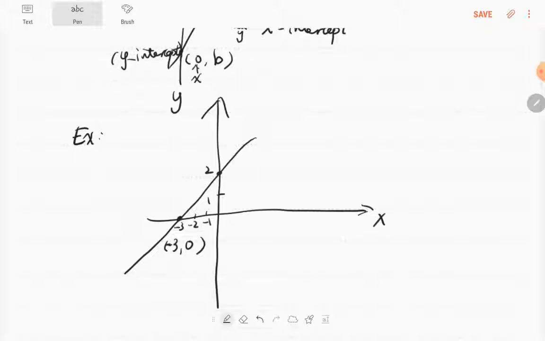This is called the x-intercept. If the point is on the x-axis, it's the x-intercept. If the point is on the y-axis, it's called the y-intercept.